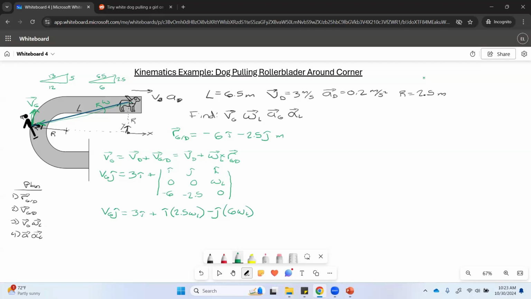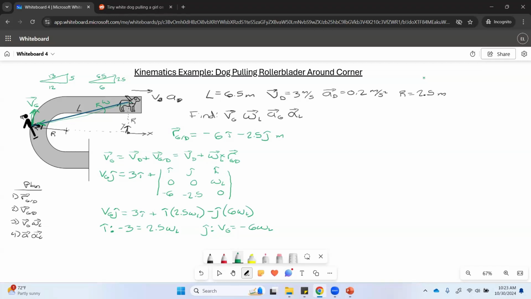All right, so now we can just group the I's and group the J's. So for the I's, we'll bring this 3 to the other side, and we have negative 3 equals 2.5 omega L. And in the J's, we have VG equals negative 6 omega L. So we'll solve the I equation for omega L, and then we'll solve the J equation for VG.